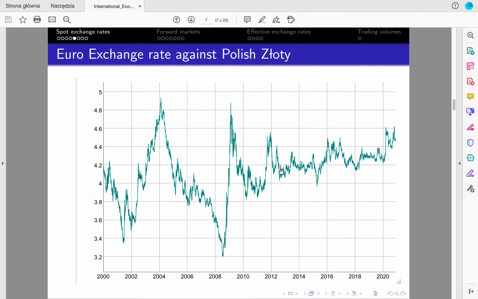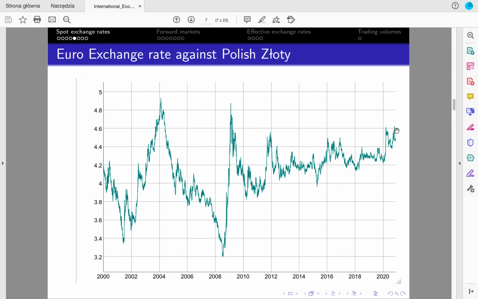And then the price, even though still volatile, is relatively stable, and it centers around, let's just say, 4 zlotych and 30 groszy. Yeah, one of the features that you might notice is that the exchange rate between Polish zloty and euro is more volatile than the exchange rate between American dollar and euro.